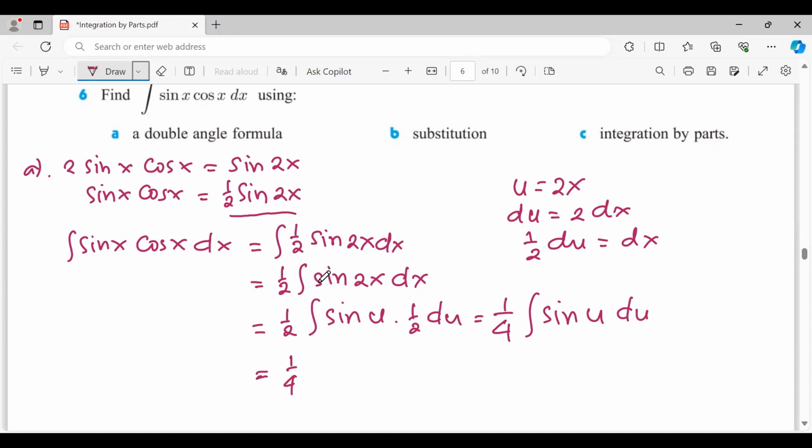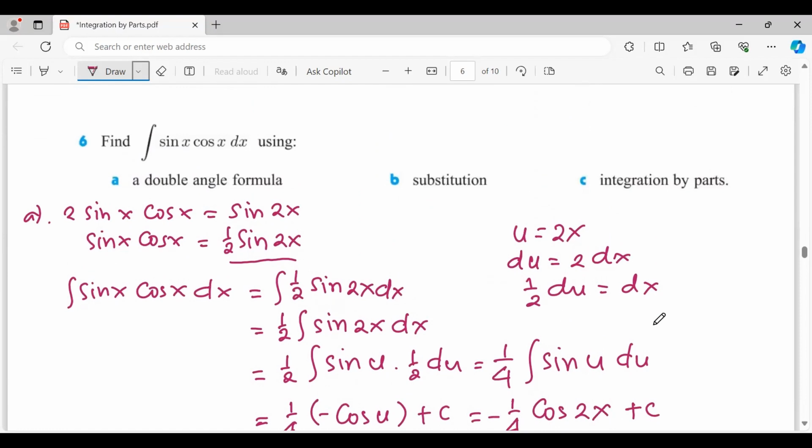A quarter times minus cosine u plus c, or minus a quarter times cosine 2x plus c.